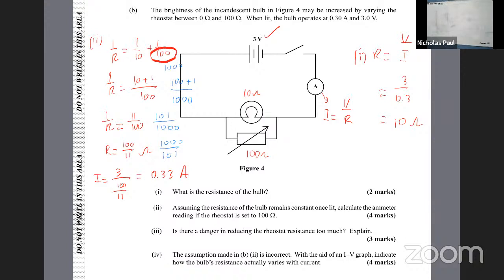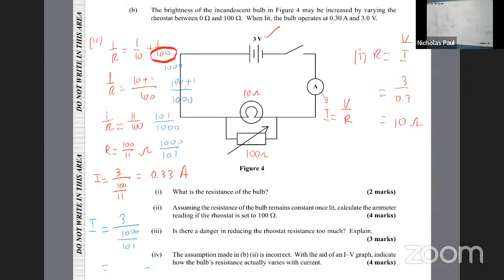And then see what will happen with the current value. It'll be 3 over 1,000 over 101. 0.3.